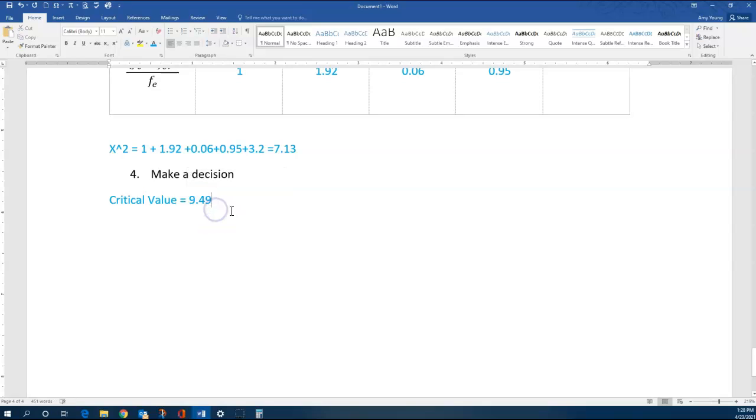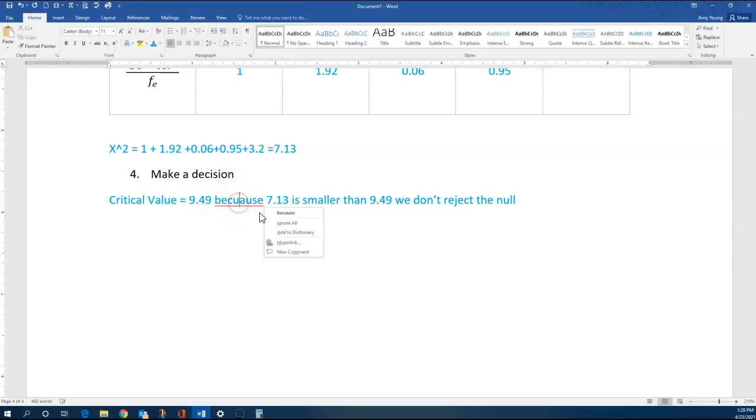So in this particular instance, because 7.13 is smaller than 9.49, we do not reject the null.